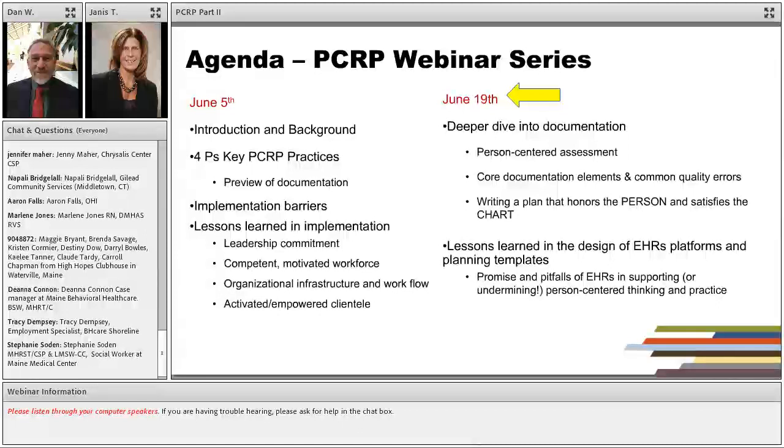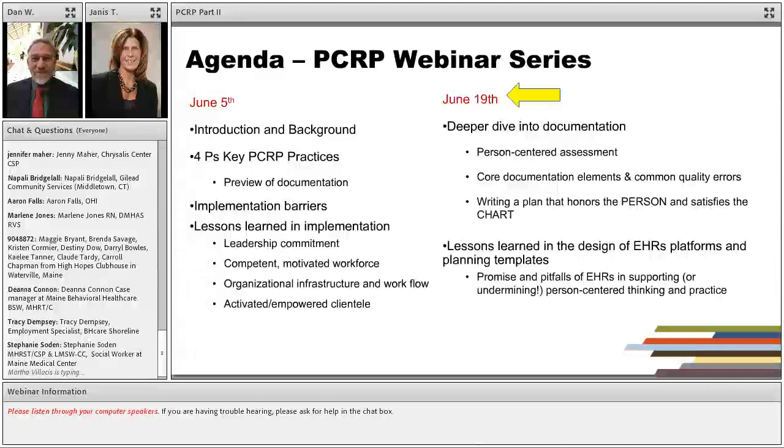And then from those planning meetings evolves perhaps a different type of enhanced recovery plan, be it in paper or electronic. And that all serves the broader purpose of not just focusing on the more narrow clinical outcomes, but really talking about that life in the community that a person desires.